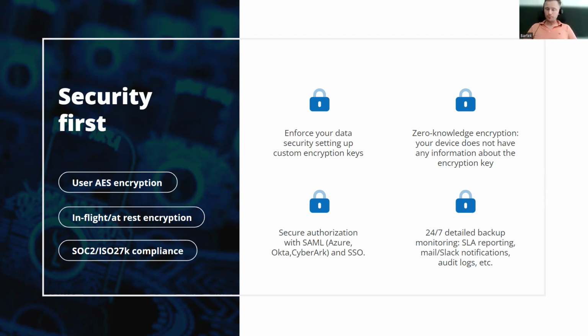When it comes to encryption, it is also very important to know that the entire GitProtect platform works according to zero-knowledge encryption technology. What does it mean? It means that the device or the application that is performing the backup, we call it the backup agent, doesn't have access to the encryption key all the time.